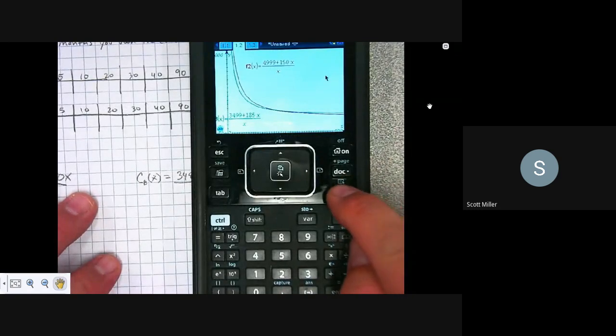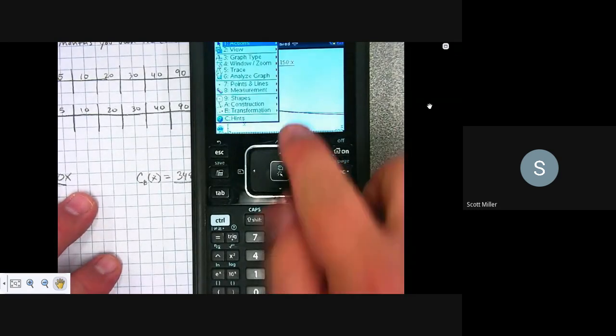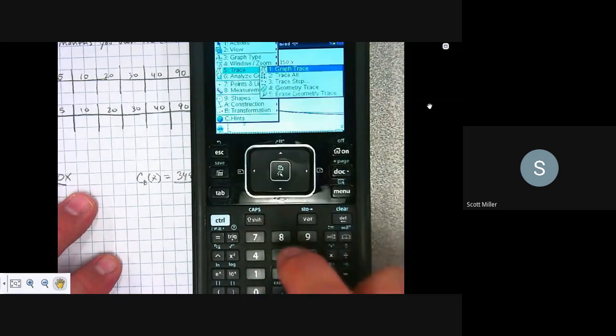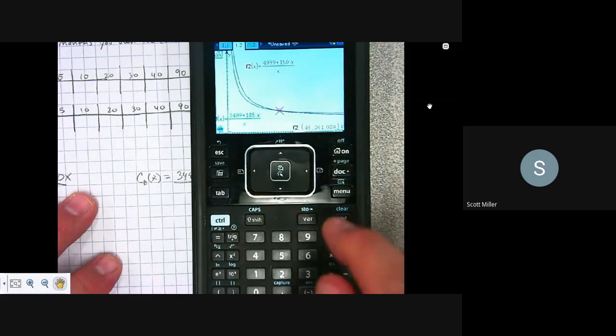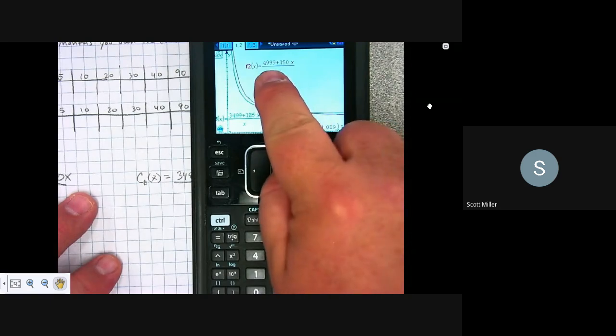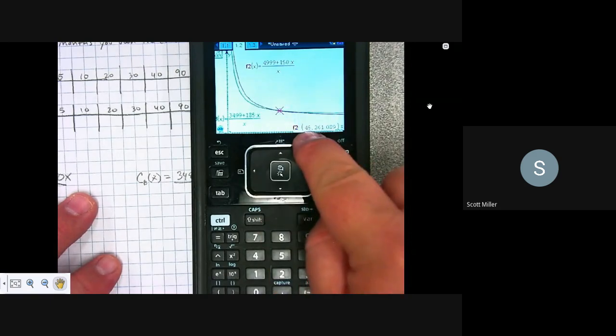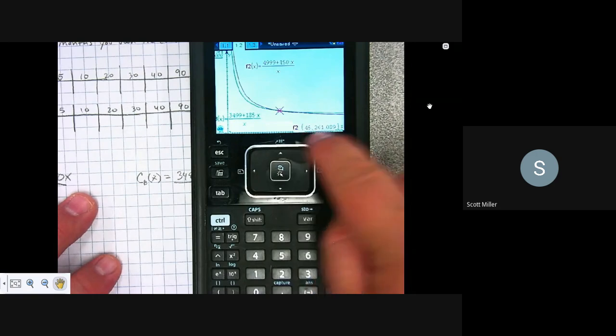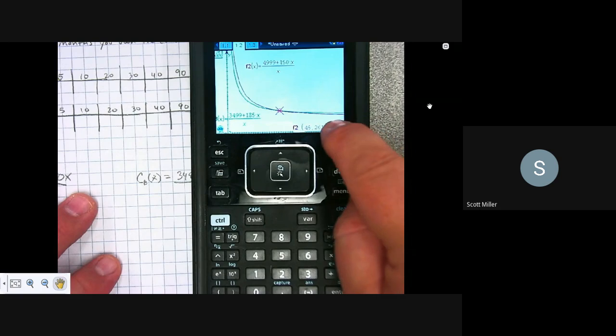You push the menu, and then you go to trace, number 5, and you're going to trace the graph. Down here, it tells me I'm on function 2, which is CA, this one right here, and it gives me a value. So what it shows me right here is that at month 45, that is the average cost right there, $261.